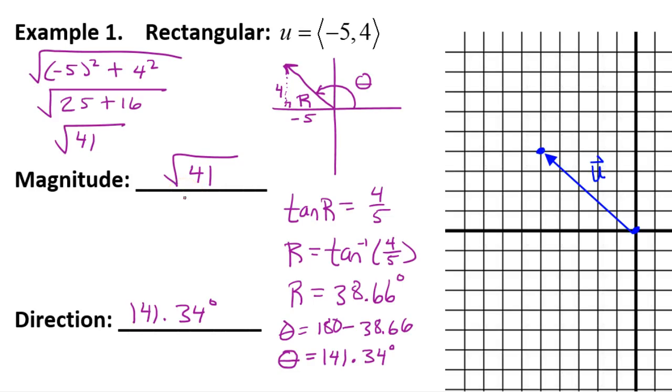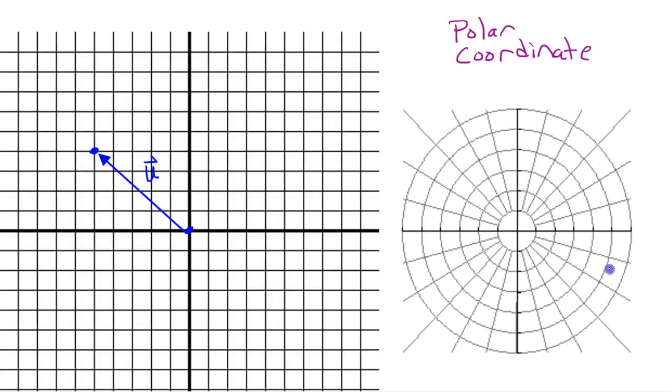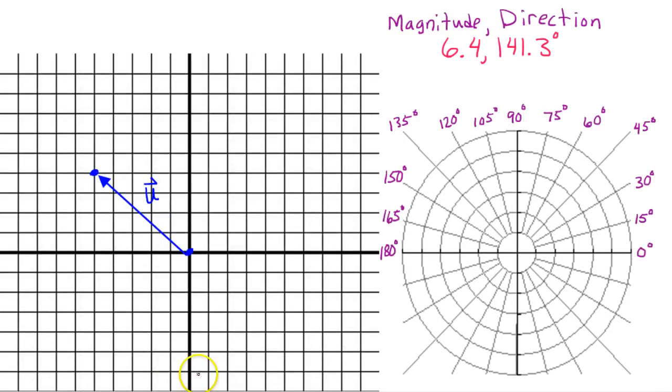If I'm going to do the magnitude, I actually am going to need a decimal approximation. So let's see, the square root of 41 is approximately 6.4. Okay, so I need to go to 141.3 degrees, and then I need to go out 6.4. Maybe I'll just write that down real quick.